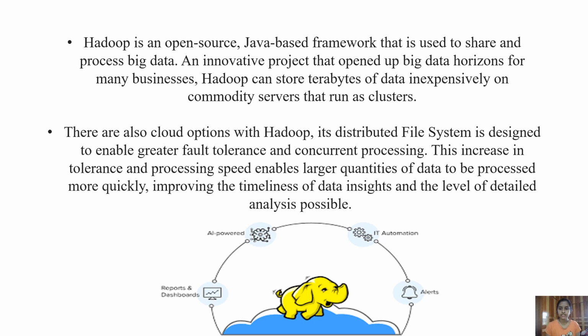Its distributed file system is designed to enable greater fault tolerance and concurrent processing. This increase in tolerance and processing speed enables larger quantities of data to be processed more quickly, improving the timeliness of data insights and the level of in-depth analysis possible. As you can see in the above diagram, the Hadoop is being generated.